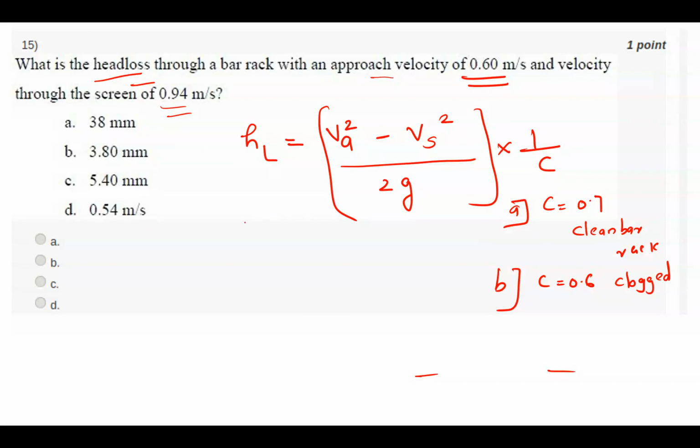So here Va is the approach velocity, 0.6 meter per second, and Vs is equal to 0.94 meter per second, and g is the acceleration due to gravity, 9.81 meter per second square. Then the C value: you calculate the head loss in these two situations, if the bar rack is clean or if the bar rack is clogged.